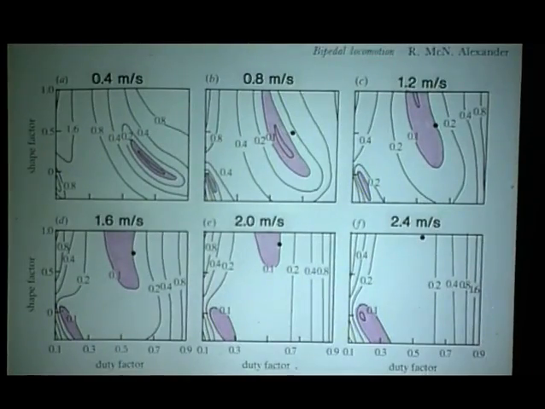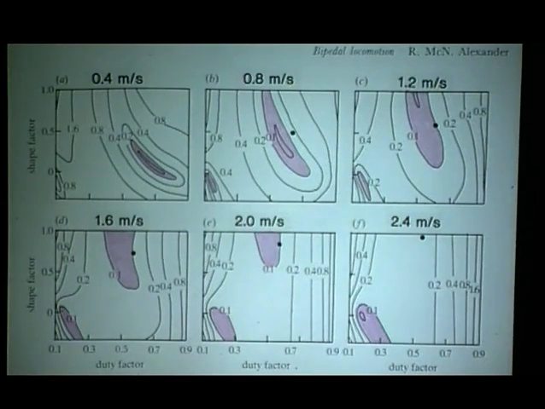So let's look at that graph again. As we walk faster and faster, the walking minimum is moving to higher and higher shape factors. And in fact, we do that when we walk. Our pattern of force becomes more and more two-humped. And then look at the running. The running minimum is starting off very far towards the left of the graph.